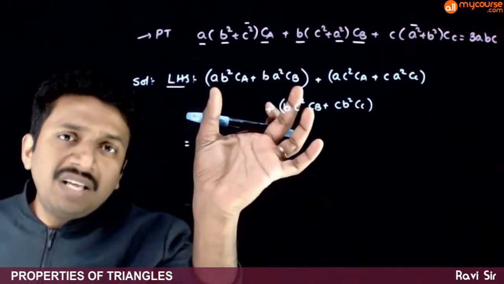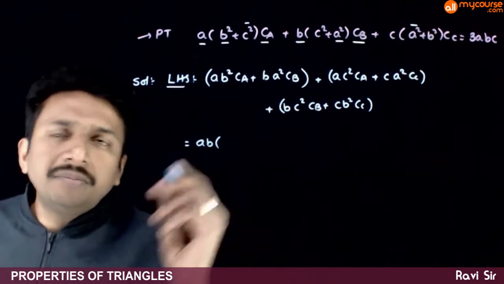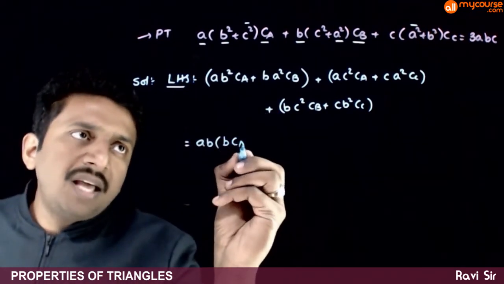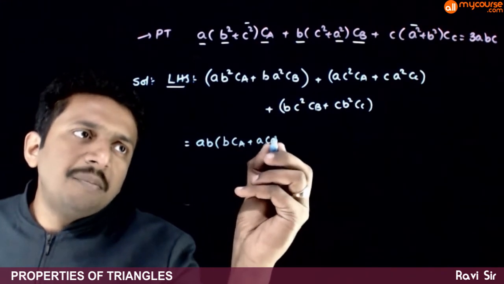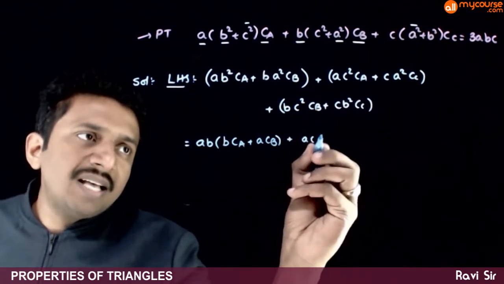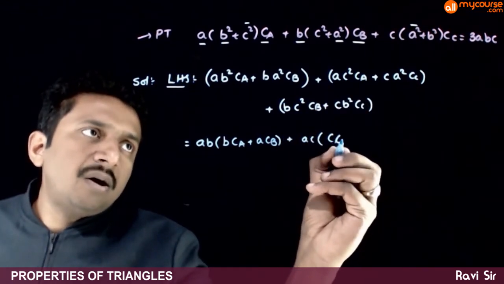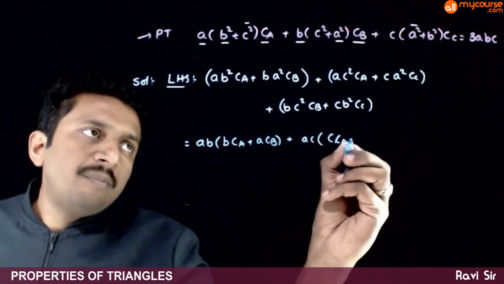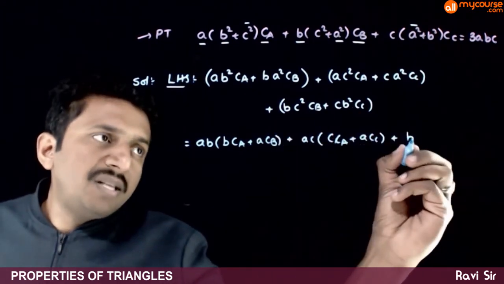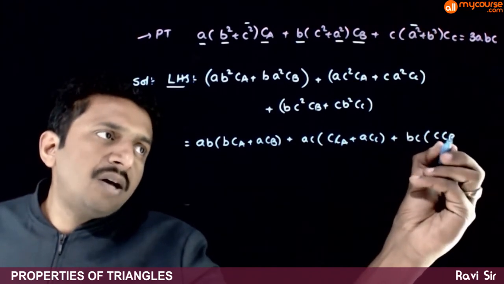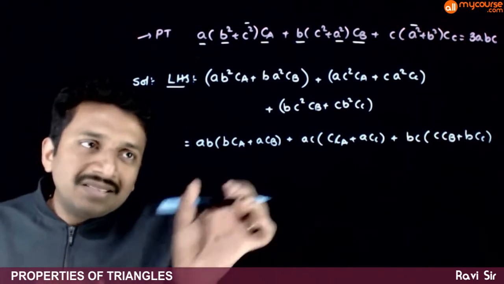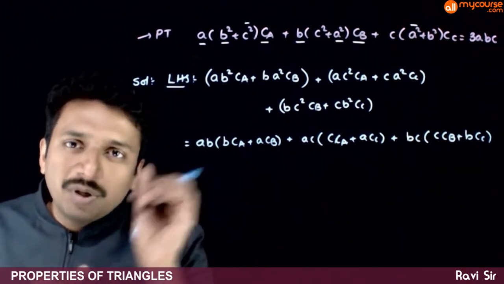So now what happened once I have done this regrouping? From these two I can take AB as common. So you get B cos A plus A cos B, plus in these two terms you can take AC as common, so you have C cos A plus A cos C, plus in these two terms you can take BC as common, you have C cos B plus B cos C. So again you can see that these brackets look like projection rules.